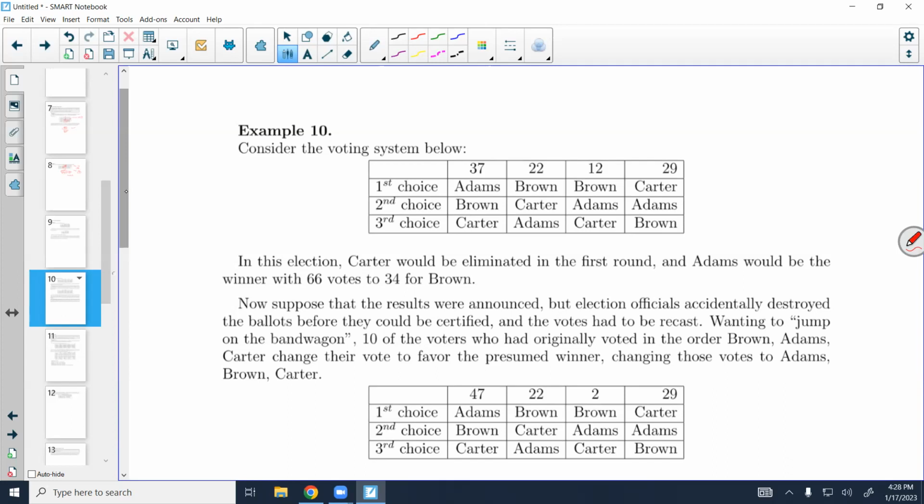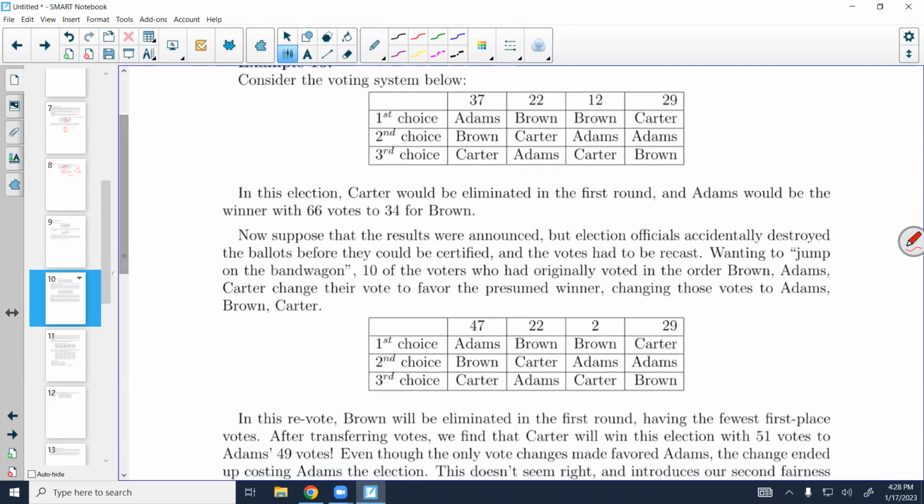Okay. Now suppose that the results were announced, but election officials accidentally destroyed the ballots before they could be certified, and the votes had to be recast.